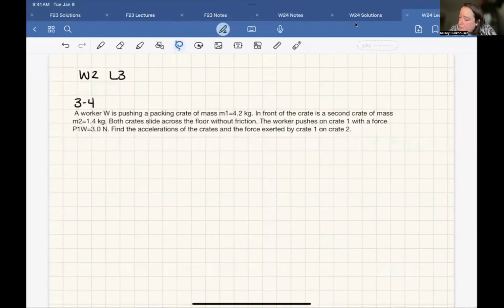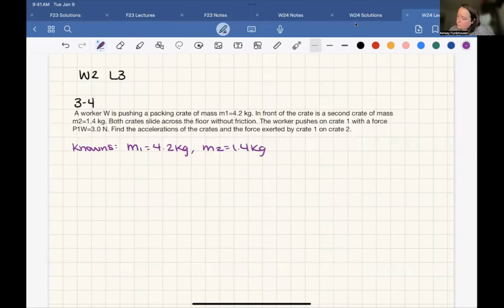Okay, so first let's do our knowns and unknowns. Well, we have mass of crate 1 is 4.2 kilograms. Mass of crate 2 is 1.4 kilograms.